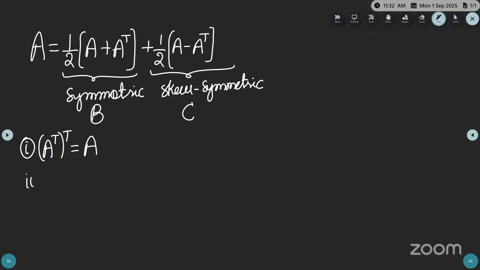Next, A plus or minus B whole transpose equals A transpose plus or minus B transpose, provided A and B are of the same order. Write it.